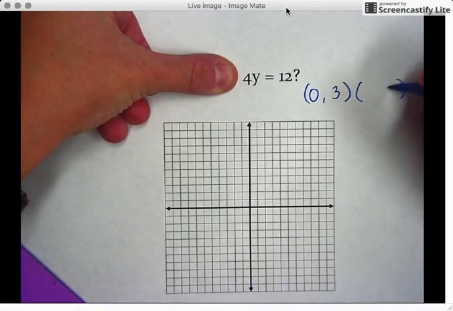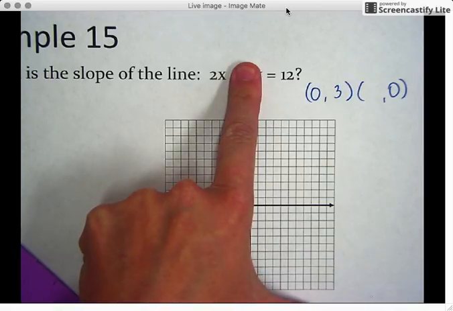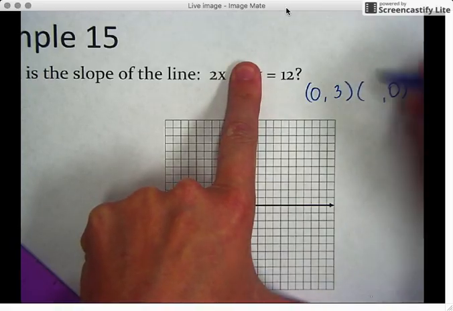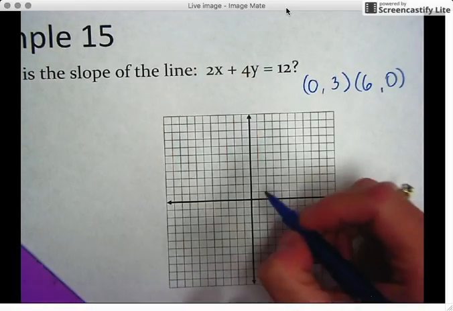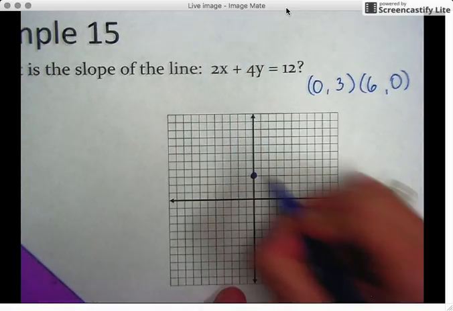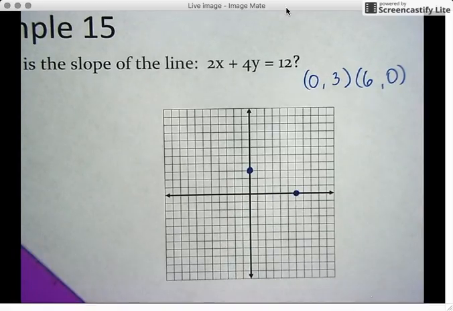Likewise, when I let y equal 0, when all of that goes away, you can see that the x would have to equal 6. So let's plot those points. 0, 3 is here. 1, 2, 3, 4, 5, 6, 0 is here.